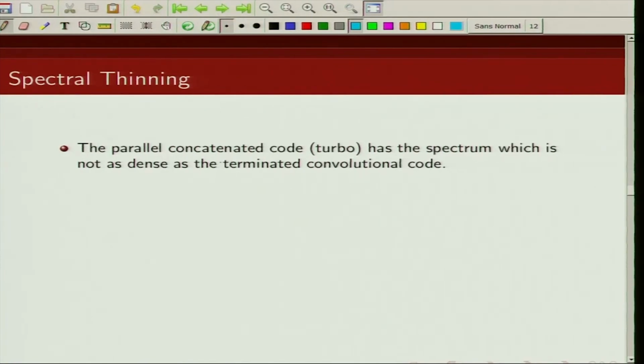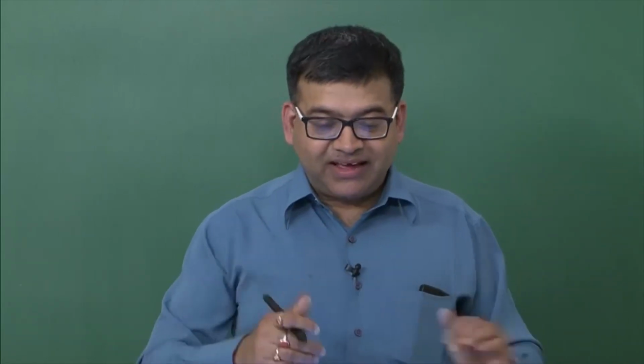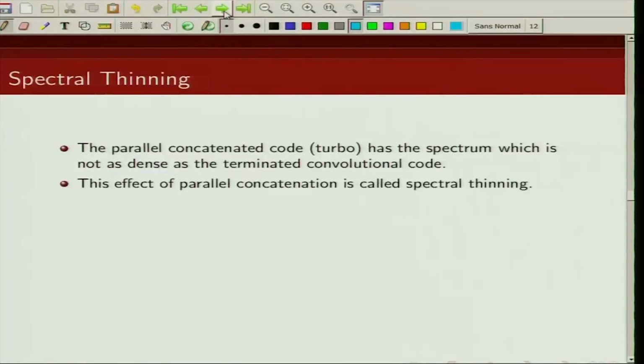So a parallel concatenated code has a spectrum which is not as dense as a convolutional code. In fact, even with a very small example with an interleaver size of 16, we saw that the multiplicity of low weight code words has reduced in the case of turbo codes.